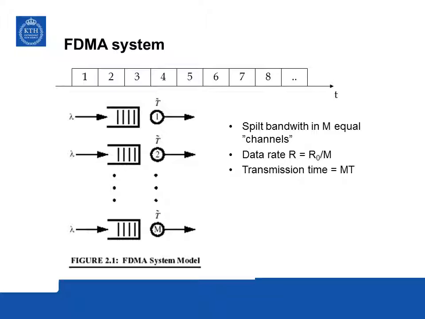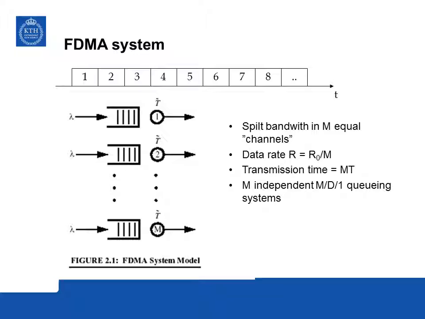So every transmitter has its own channel, but now it takes m times longer to transmit every message. And since all the transmitters are independent of each other, we can now model them as m independent queuing systems, and the queuing systems will be of the M/D/1 character, since we have only one server.